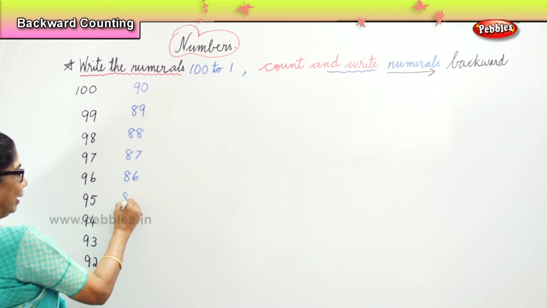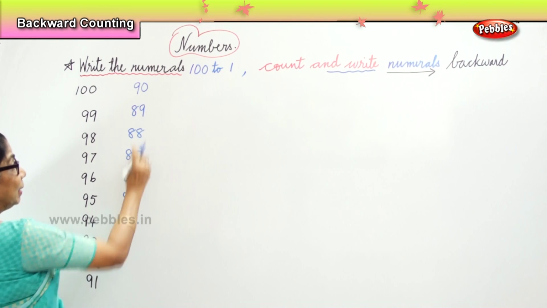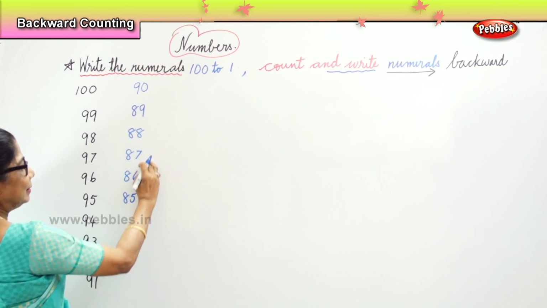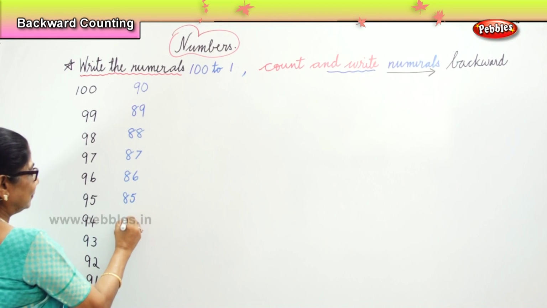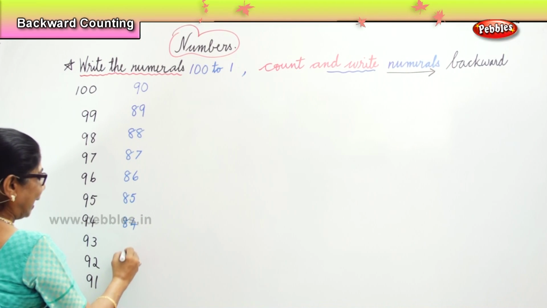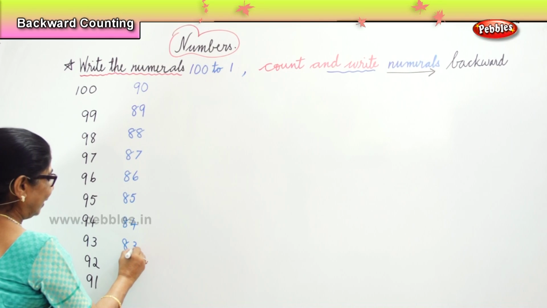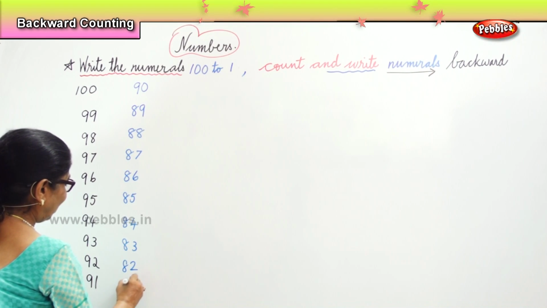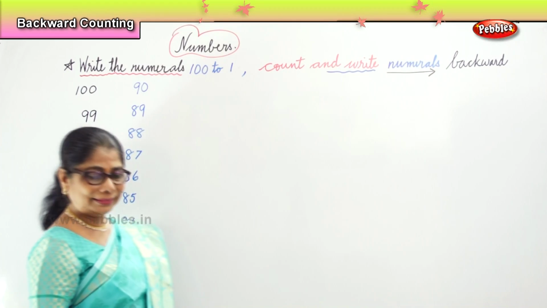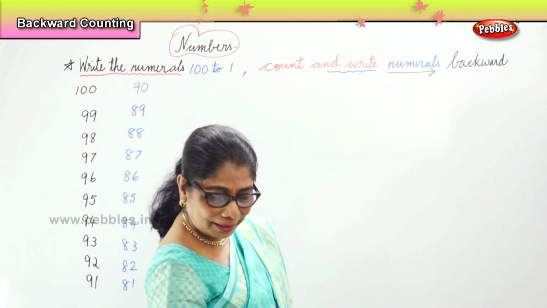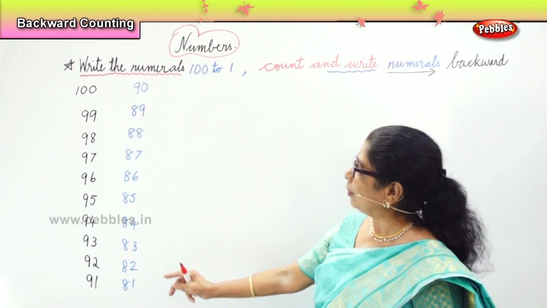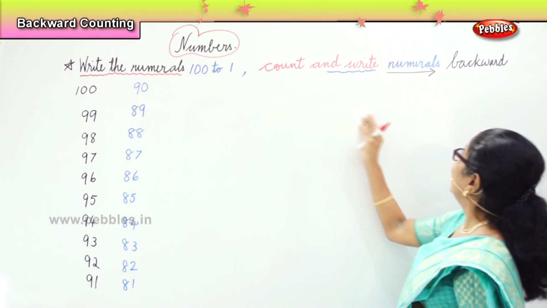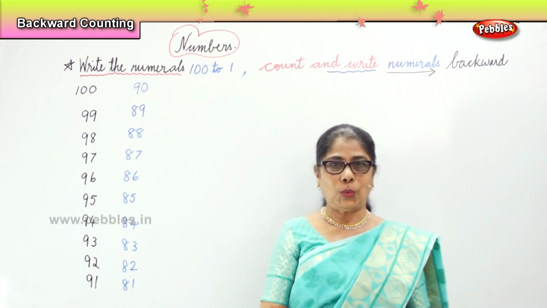Go on. 85. See the pattern. 9, 8, 7, 6. 84. Next, 1 less. 83, 1 less. 82, wow, 81. Okay, so we learned to count and write numerals backward.